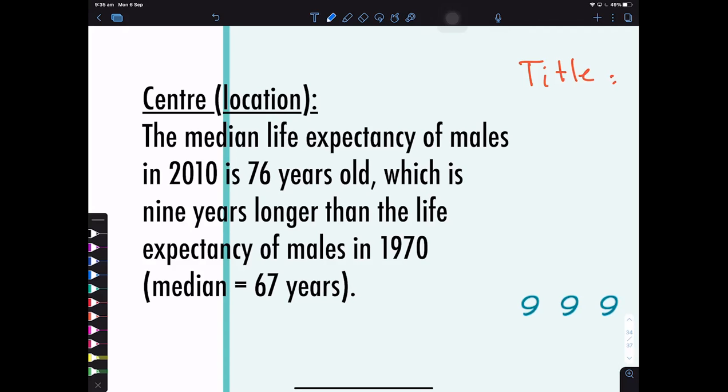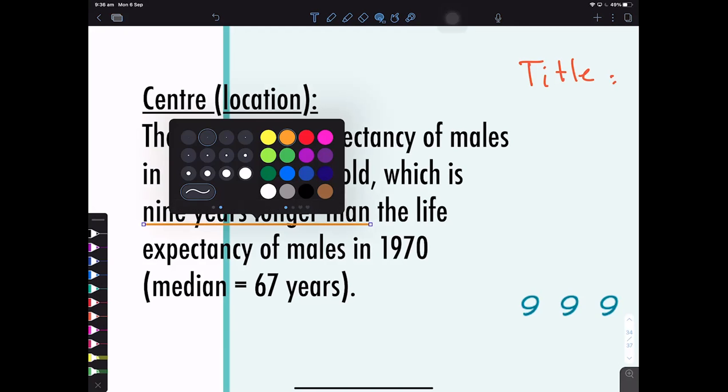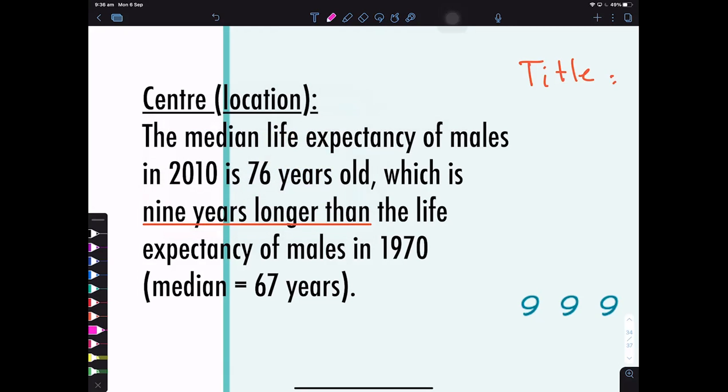Okay. Correct. Someone wrote 9 years longer than. That's our comparative phrase, right? So this is what's comparing. But I'm going to dig deeper here, and the comparative language here is longer than. Can you see that? More specifically, it's the idea that it's longer than. That's the comparative language that's been used.